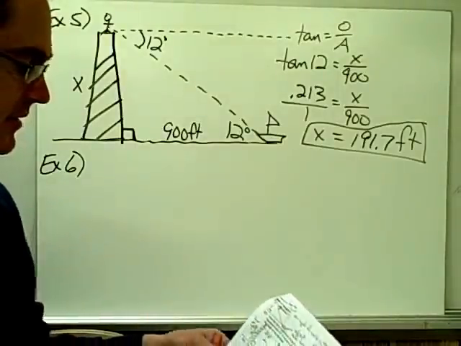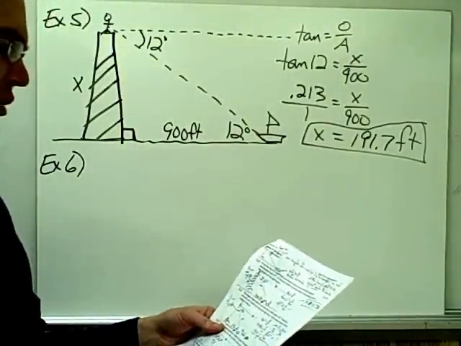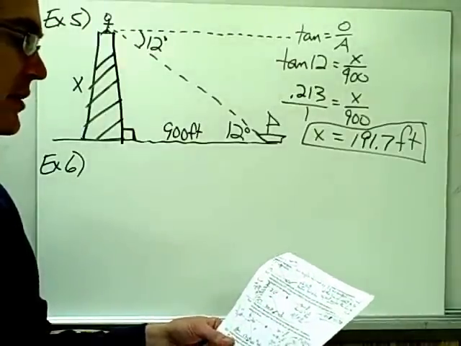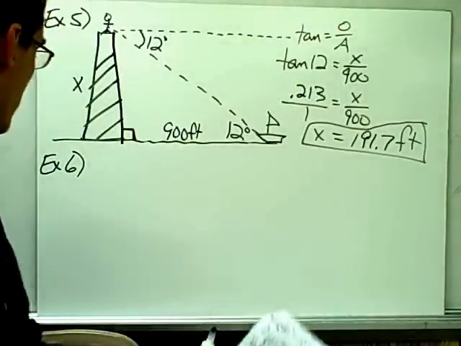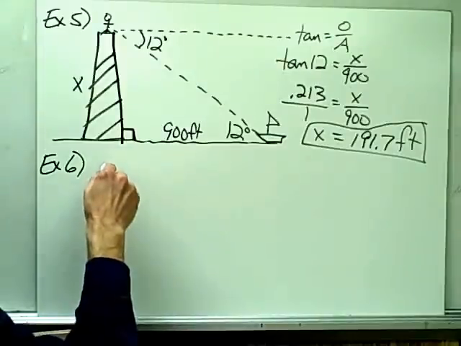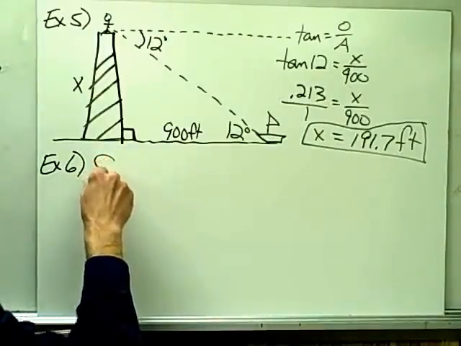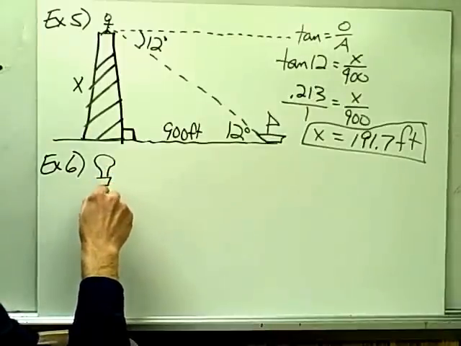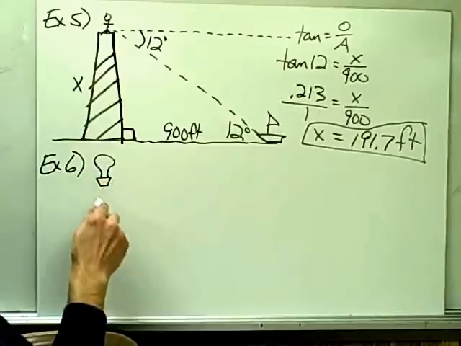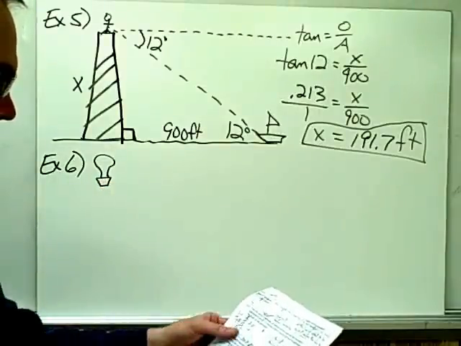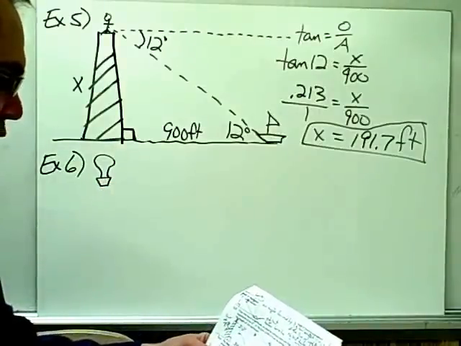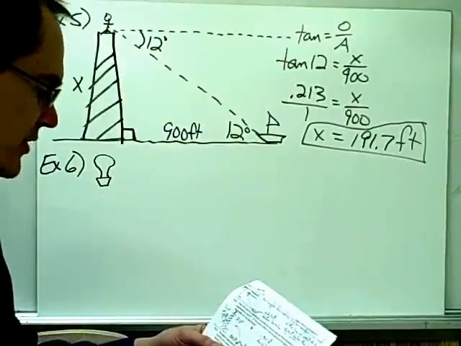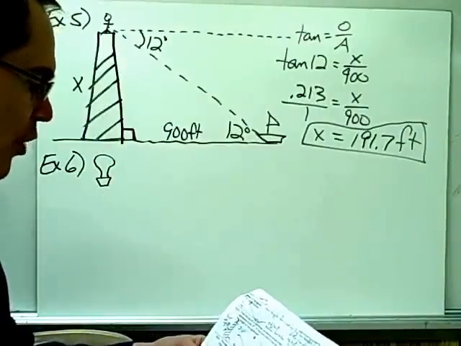Example number 6. The angle of depression of a car from a hot air balloon basket is 40 degrees. Okay, so let me see. I've got a hot air balloon. There's a hot air balloon, and here's my basket. The balloon is directly over a water tower.